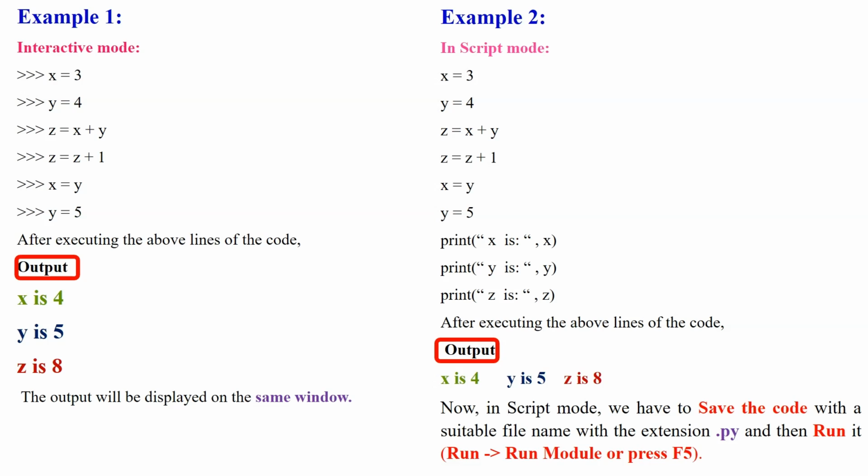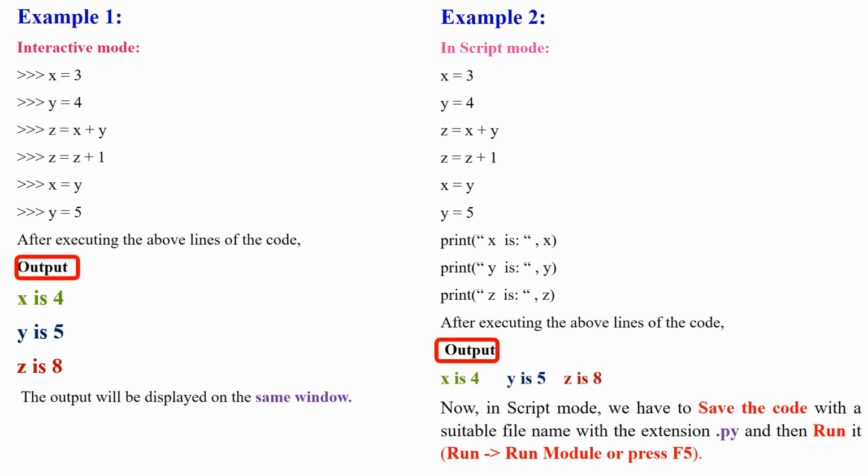In script mode, here, variable x holds the value 3, variable y holds the value 4, variable z holds the value x plus y, so z equals 7. Now z equals z plus 1. So z equals 8. Now variable x holds the value of y, that is 4. So x equals 4 and y equals 5.